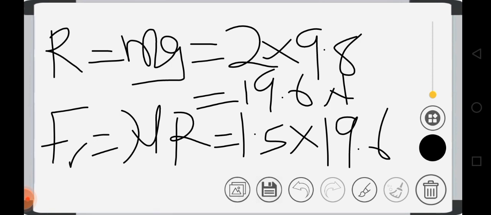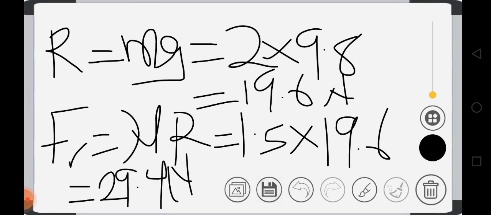Let's do this to see the answer we are going to get. 1.5 times 19.6 gives us 29.4 newtons. This is the frictional force of this body. So please take note of that. It's very, very important.